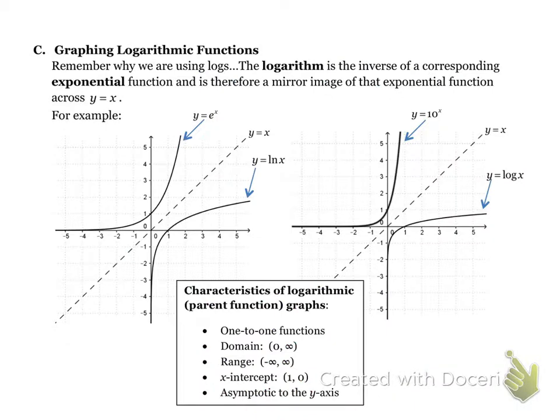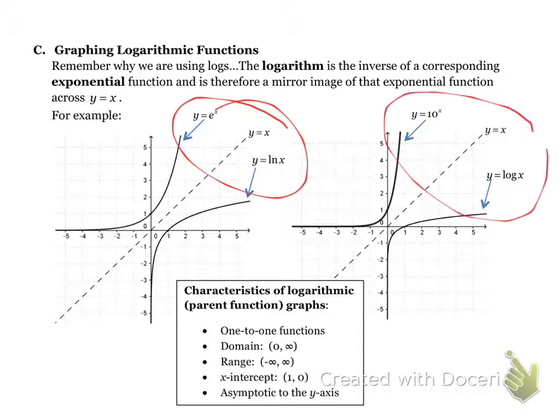Okay, so when we graph log functions, like we've seen before, it's important to note that it is the inverse of an exponential function. So whether we're talking about a natural log or the log log, meaning the exponent is base 10, they're going to be inverses of one another. So this box down here are the characteristics of log functions.